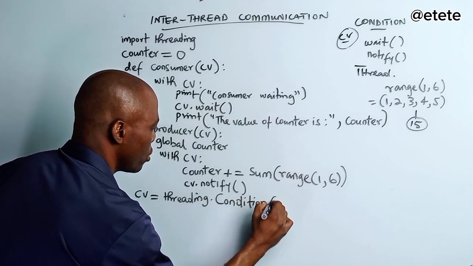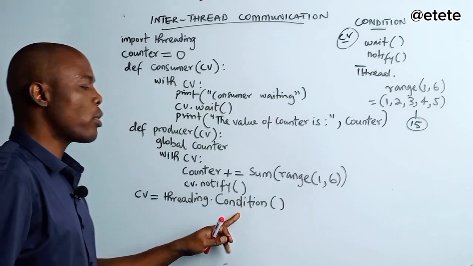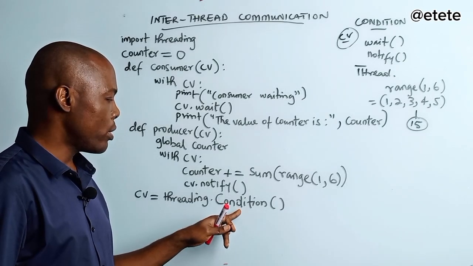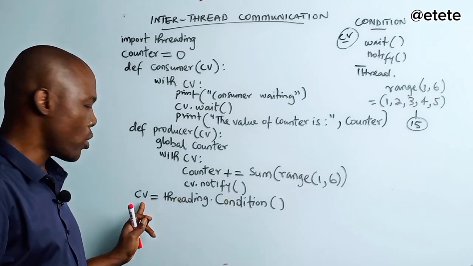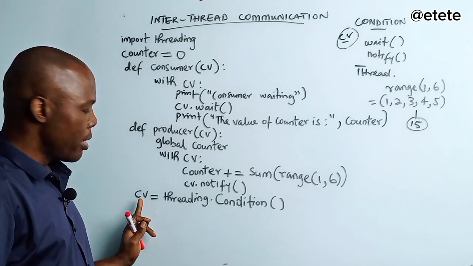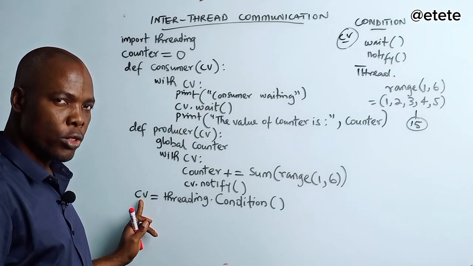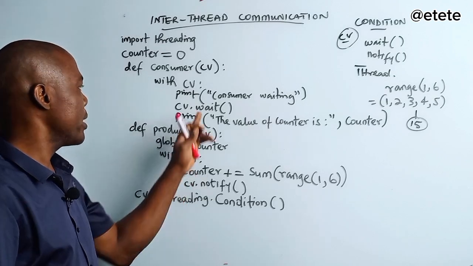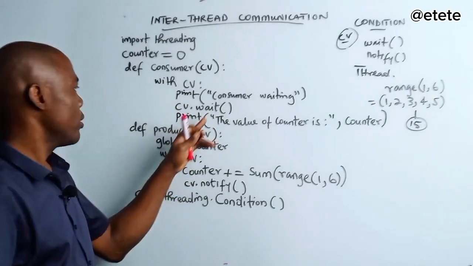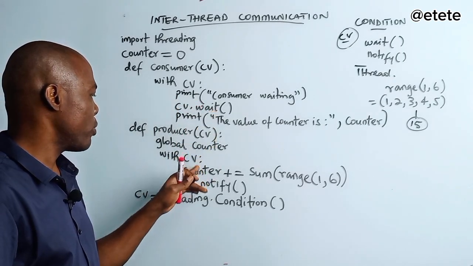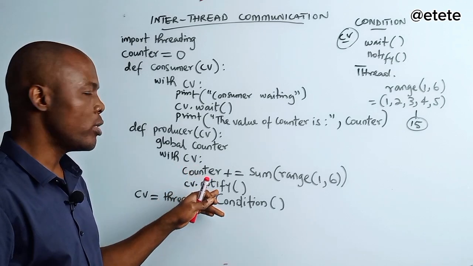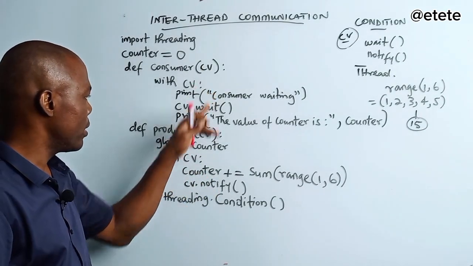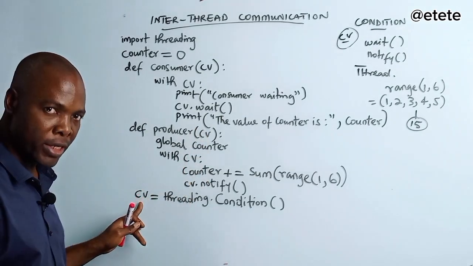So I'm calling the condition constructor to create a condition object that this CV is going to reference. I'm using that object here, which is this CV, to access the wait method, and I'm also using it here to access the notify method. So you can see where this CV is coming from. This is where I'm creating it.